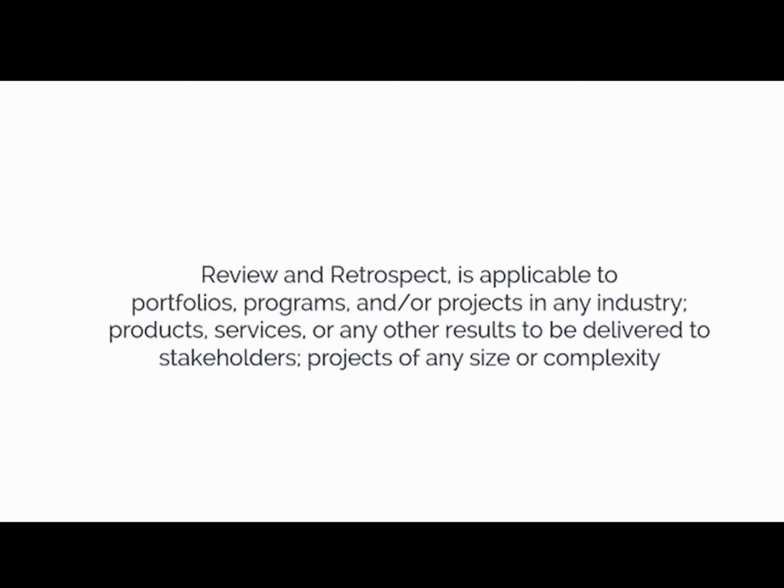Review and retrospect, as defined in the Guide to the Scrum Body of Knowledge, or SBOK Guide, is applicable to portfolios, programs, and/or projects in any industry, products, services, or any other results to be delivered to stakeholders, projects of any size or complexity.